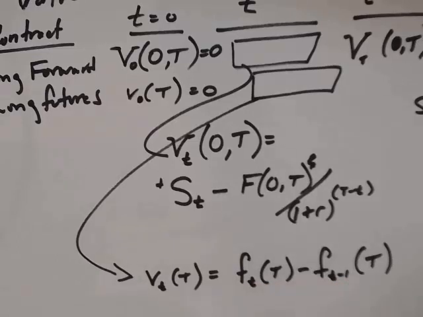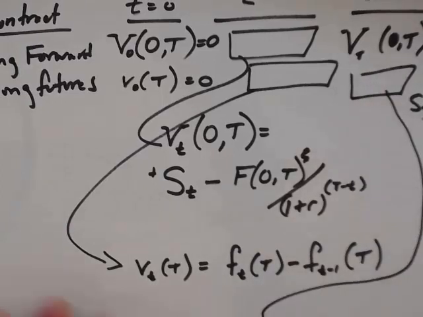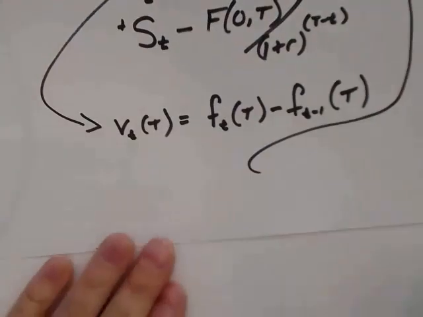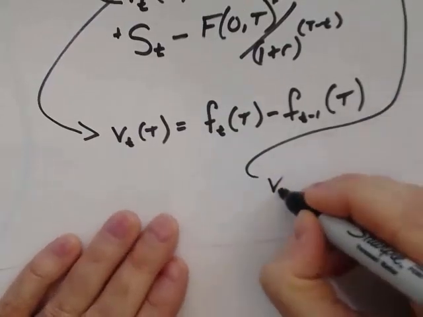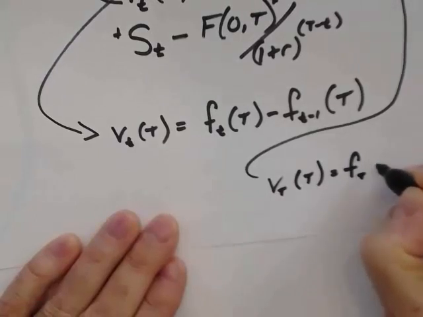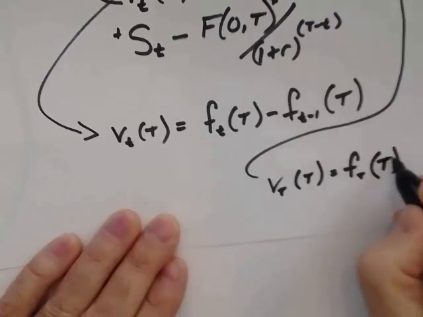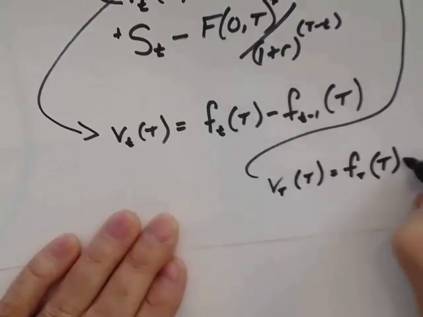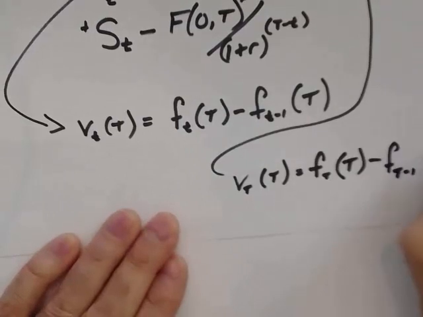And then the value at time capital T is equal to the futures price at expiration, for a contract that matures at capital T, minus the futures price from the day before.